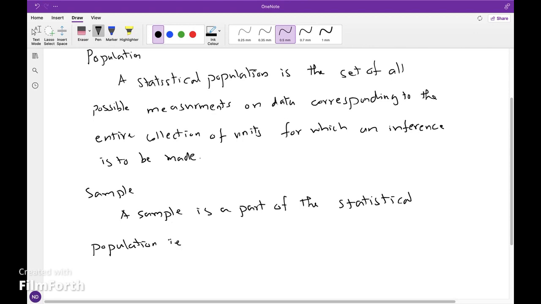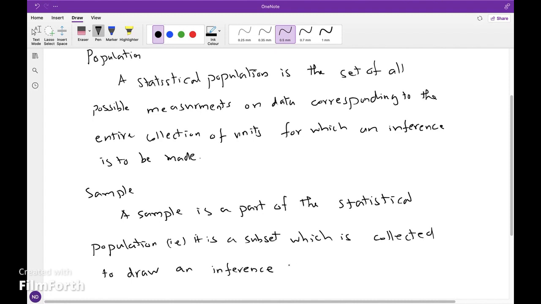That is, it is a subset which is collected to draw an inference about the population.